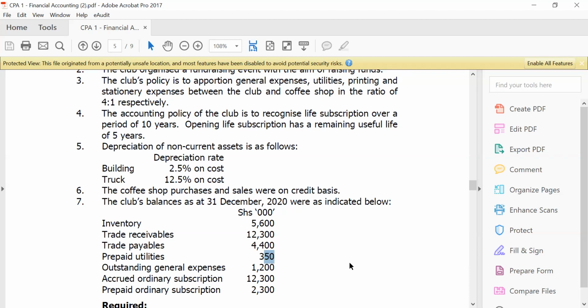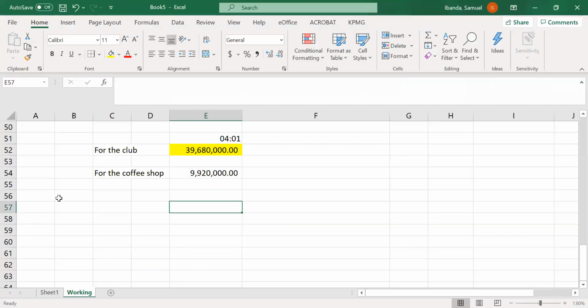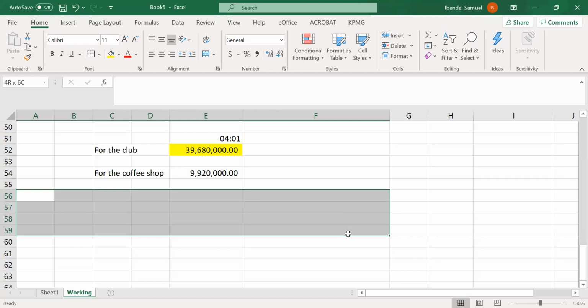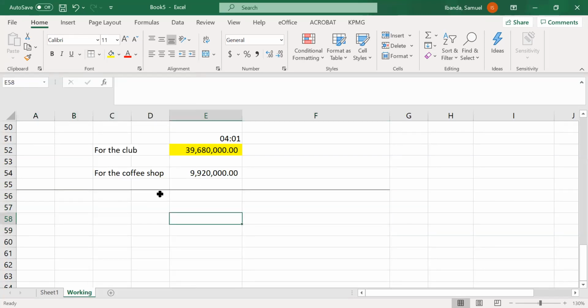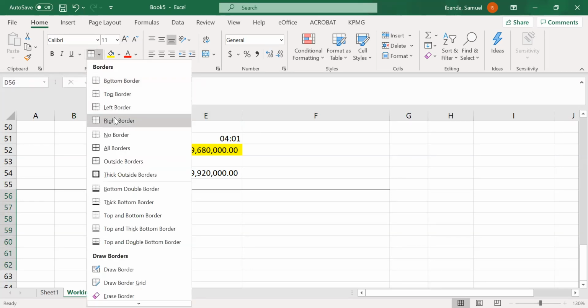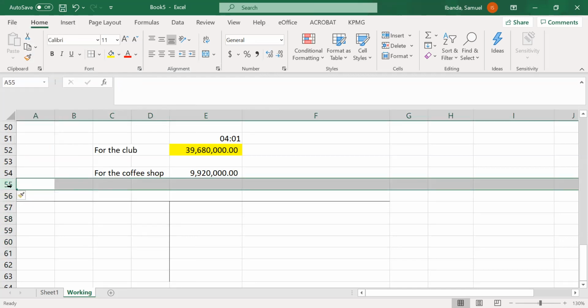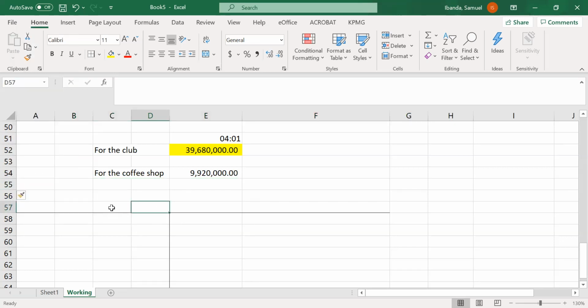We again go back and draw up our utilities account. So I'm going to draw my T account. Okay, so this is utilities.